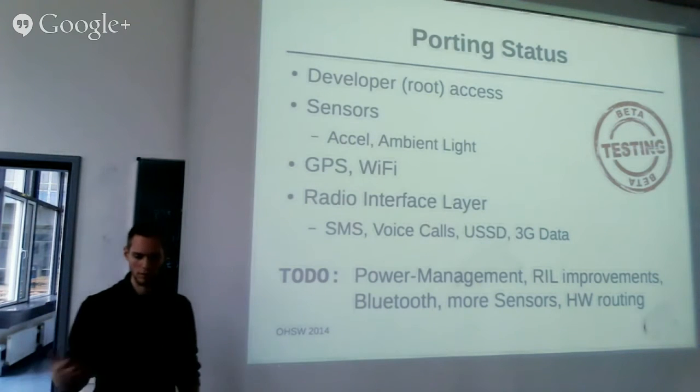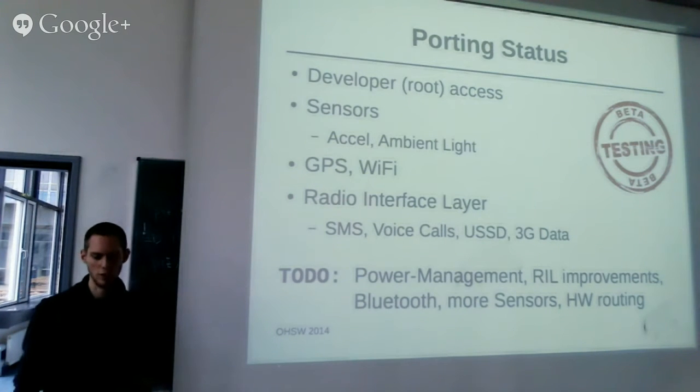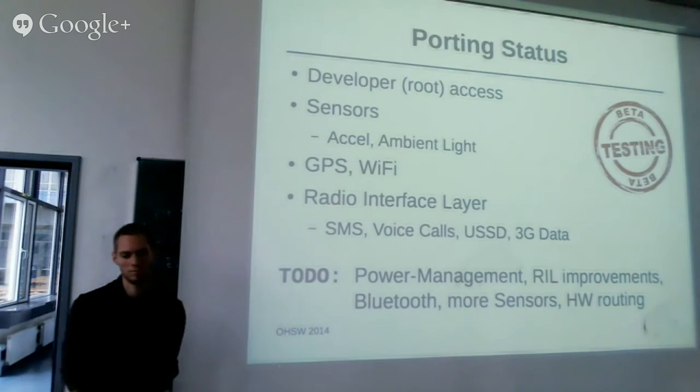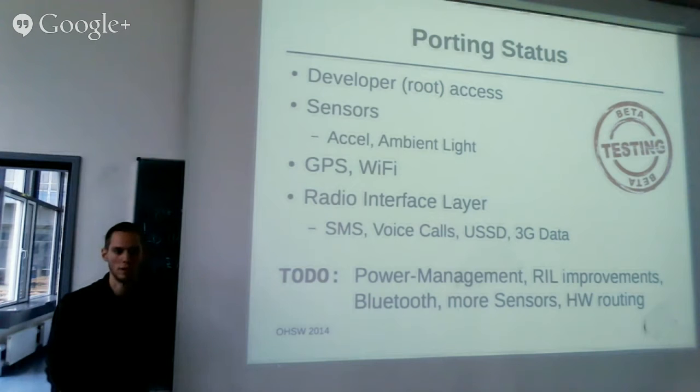So the big milestone which we still have to reach is power management. This is also a lot of work in the kernel, I think. Because, for example, the Wi-Fi driver does not yet do any power management.